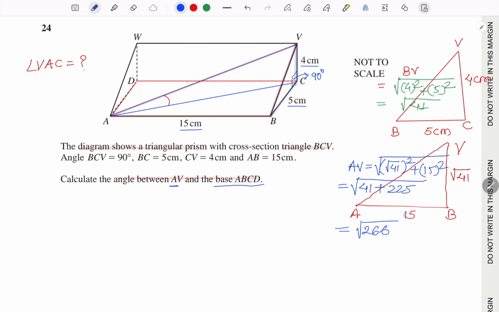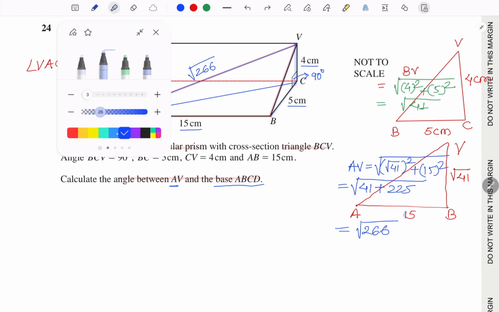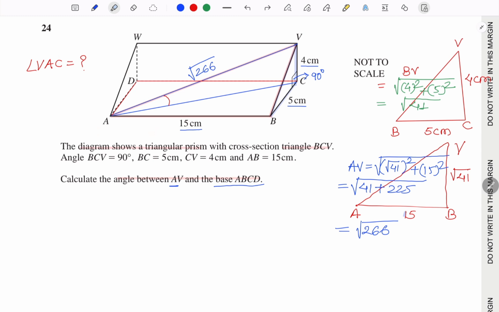So this value is root 266. And let's just go to a different triangle now. I'll show you this one. We are targeting triangle VCA. Let's go to the triangle VCA.